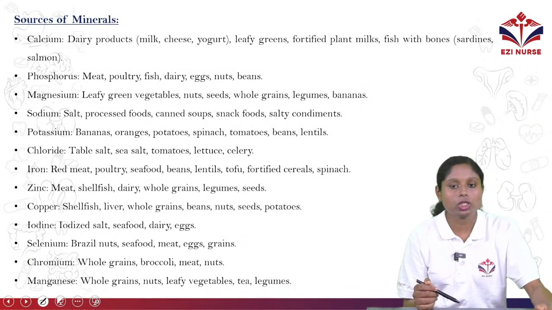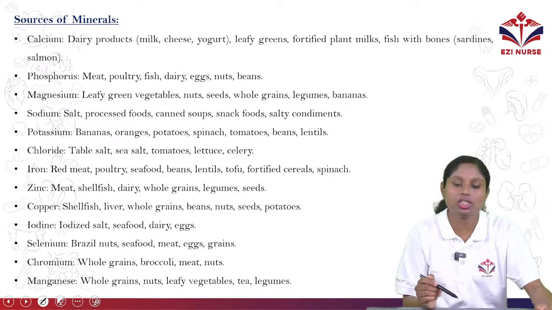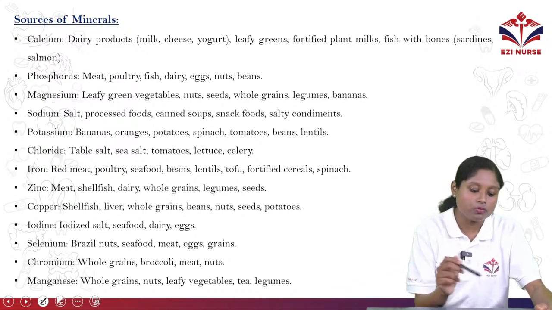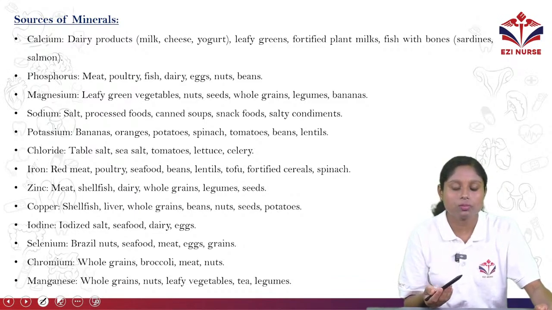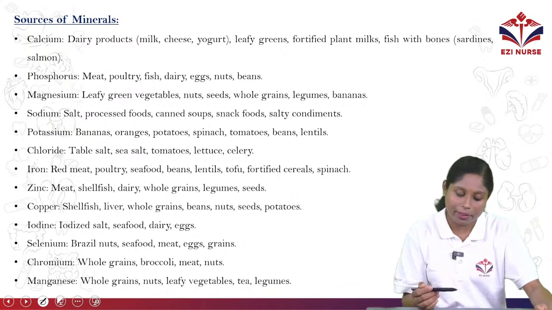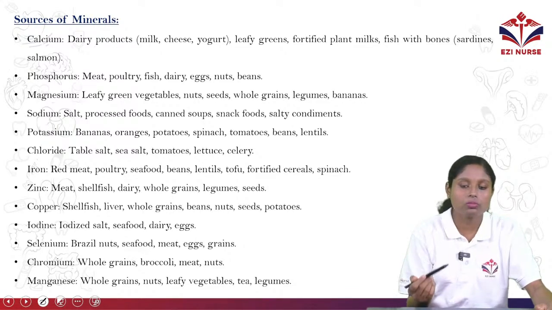Now let's see sources of minerals. First is calcium from dairy products like milk, cheese, yogurt, leafy greens, fortified plant milks, fish with bones, sardines and salmon. Phosphorus: meat, poultry, fish, dairy, eggs, nuts and beans. Magnesium: leafy green vegetables, nuts, seeds, whole grains, legumes and banana.